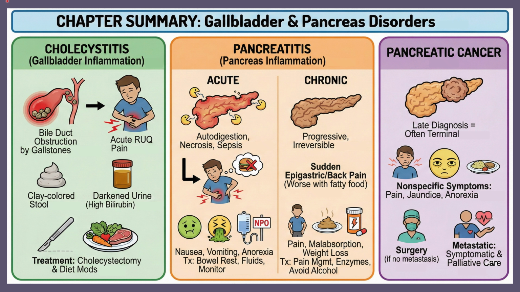For chronic pancreatitis, the irreversible nature of the disease necessitates a long-term focus on lifestyle modifications, particularly abstinence from alcohol and tobacco to mitigate further pancreatic damage.